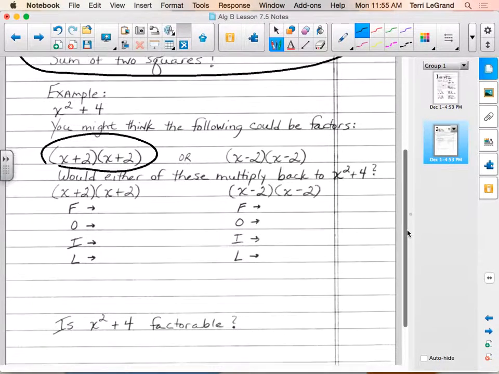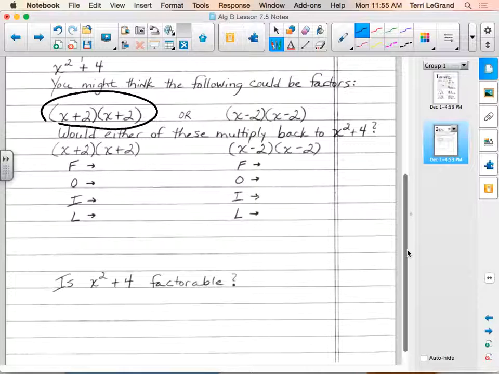Let's FOIL that out and see what happens when we do that. I got the spot there for us to do it. So if this is a factored name, it should take us back to x squared plus 4, right? So what's the F step? X times x, which is x squared. Good, we want that. O step, x times 2, which is 2x.